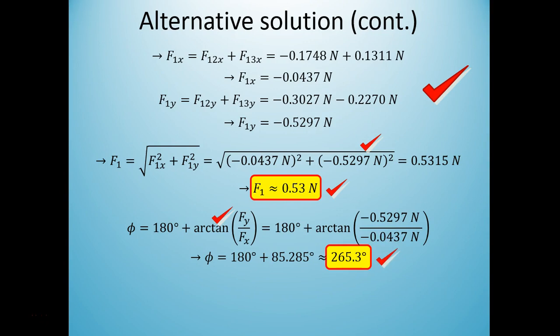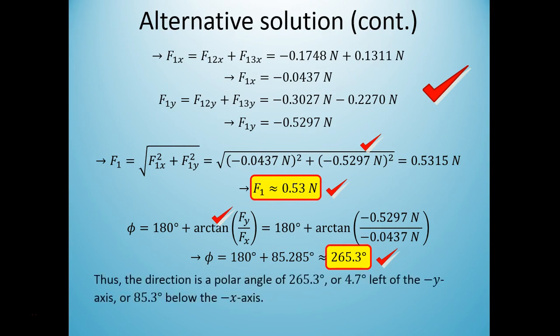So the result of doing that gives you a polar angle of 265.3 degrees, which again means that it's 4.7 degrees to the left of the negative y-axis, or 85.3 degrees below the negative x-axis. Saying any one of these answers would be fine.